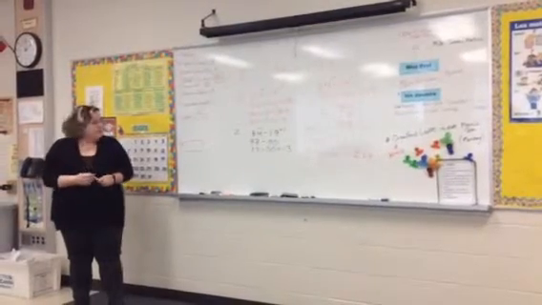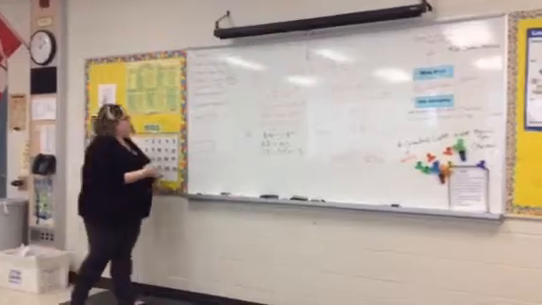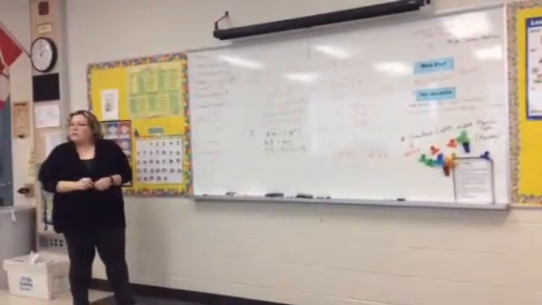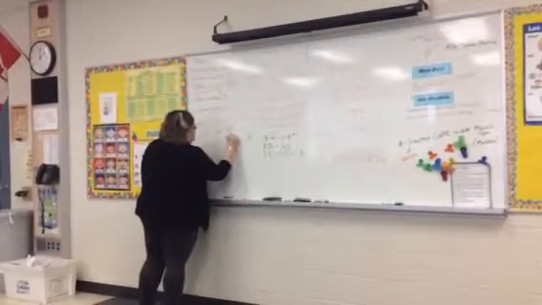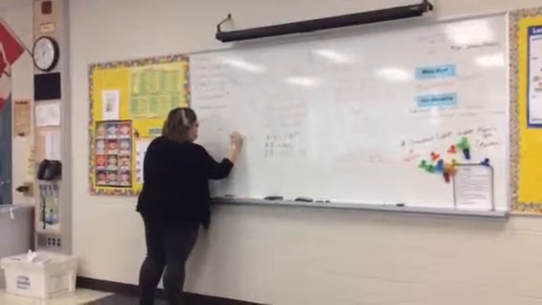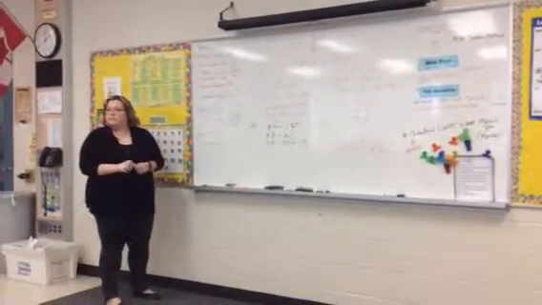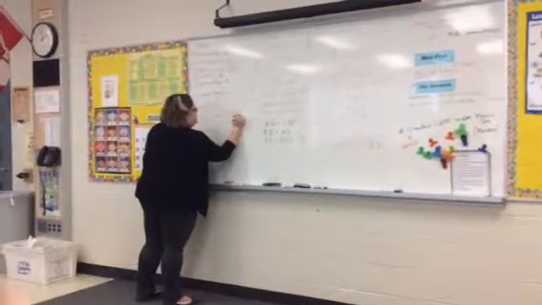Monica? I did it using base 10 blocks. Oh, okay. Tell me more about that, Monica. So I drew 3 10s. Okay, so you drew 3 rods. Is that right? Yeah. Okay, and then what did you do? 4 units. Yeah.